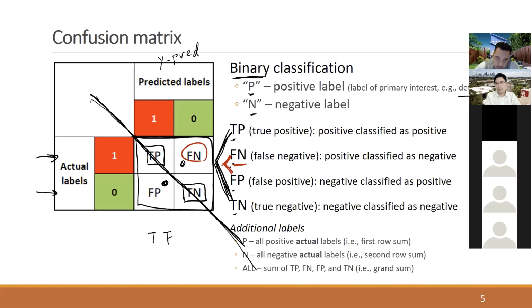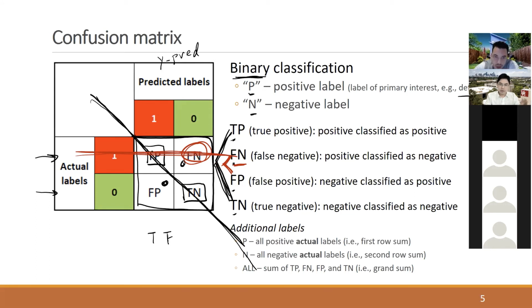So, implicitly in your mind, you'll need to immediately think about the positive side. When I say false negative, it's actually a positive case, and you need to think along the lines of the positive cases. This cell belongs to the row where all the positive cases are grouped.